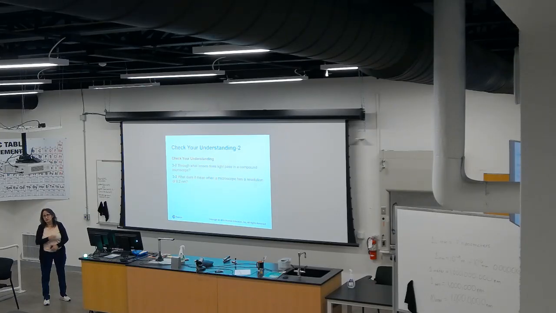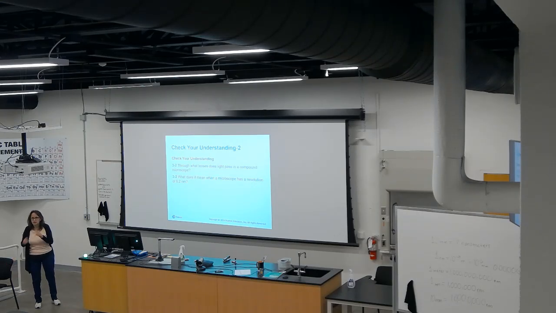Do you think that will be a high resolution microscope, rather than one with 2 micrometers? Which one will have more resolution: one that can see objects 2 micrometers apart, or one that can see objects 0.2 nanometers apart? Yeah, this one has a high resolution.